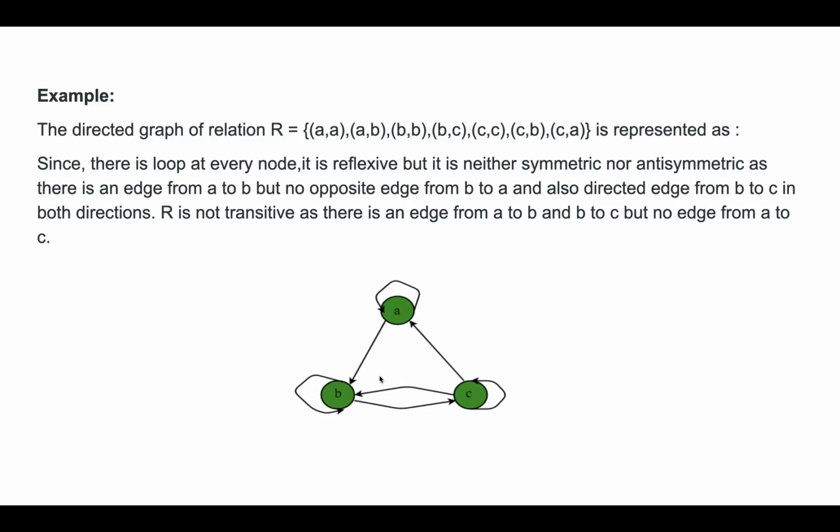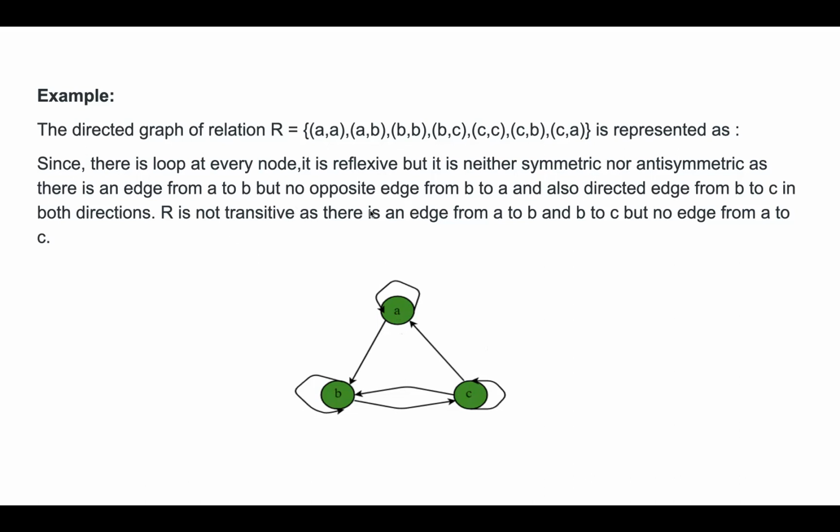Here A to B is there, but B to A is not there. C to A is there, A to C is not there. Only this one is correct.